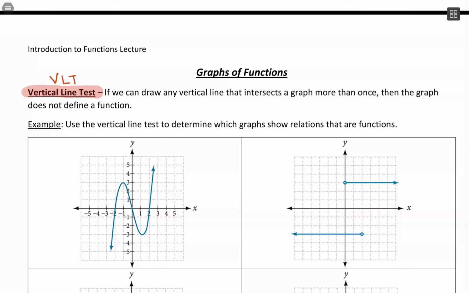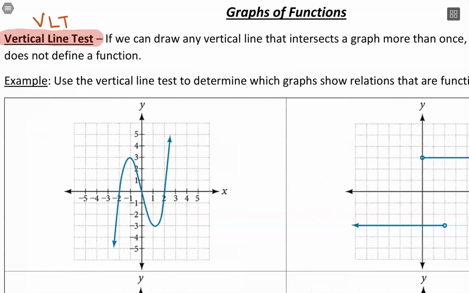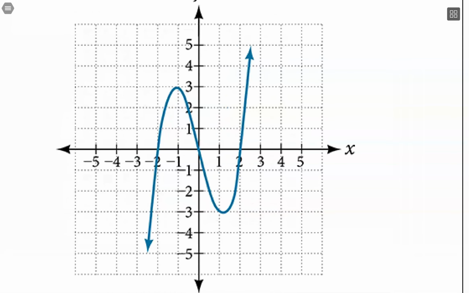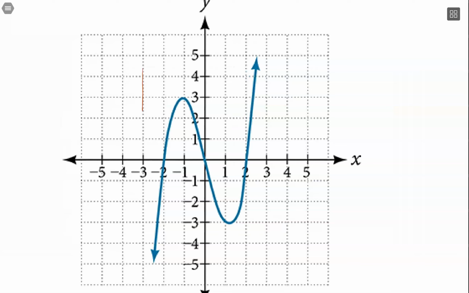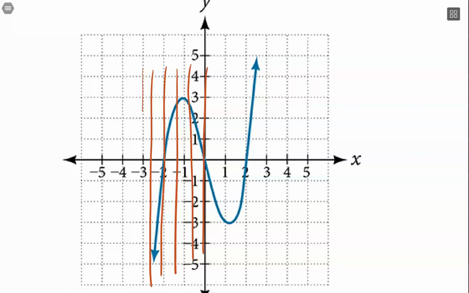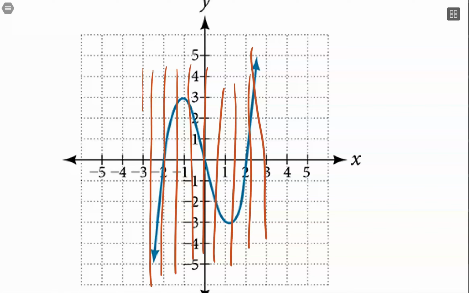That can be hard to listen to in words and apply, so let's see how this works. For this function here, what I want to do is imagine every possible vertical line that I can draw. This is going to get messy, and I'm not even drawing all of them, just too many of them.